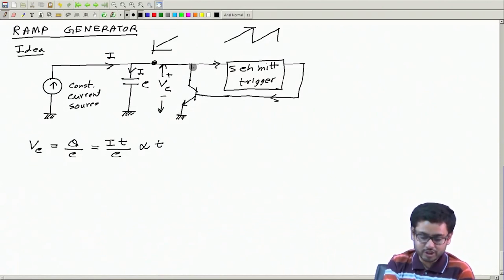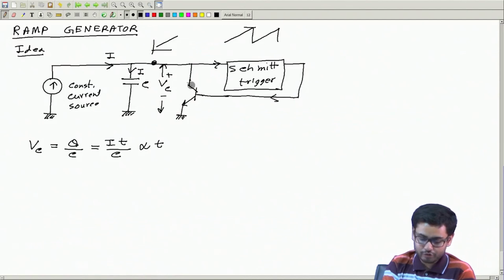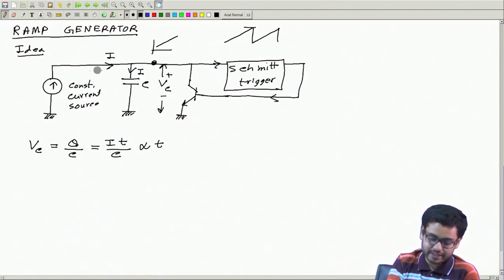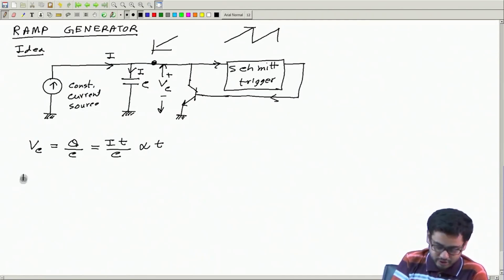So this voltage will come down very quickly, and once this comes down, the Schmitt trigger output will change and this switch will be off. And once this switch is off, the current will again charge this capacitor.